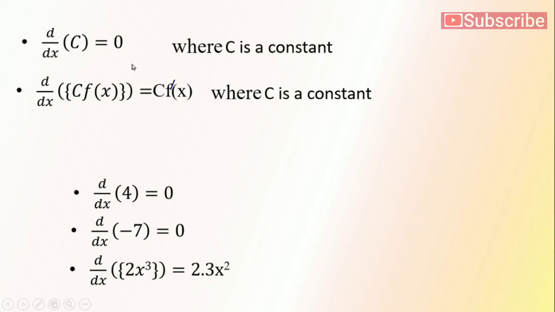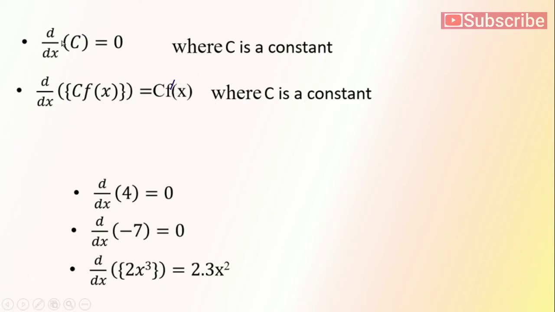This is very important, the difference between these constants. Here the constant is differentiated, that's why it is 0, but here this constant is along with this function, so it is taken out. This c cannot be 0. Okay, this is d by dx of f x, or we can write f dash x. Okay, c f dash x, right?